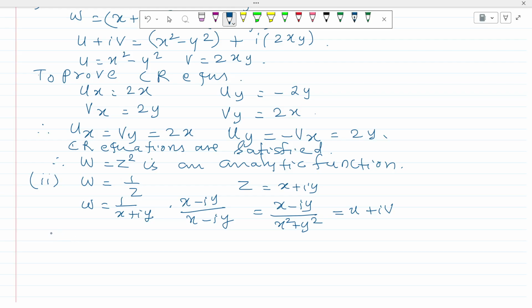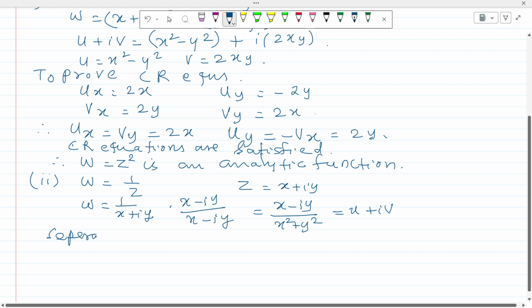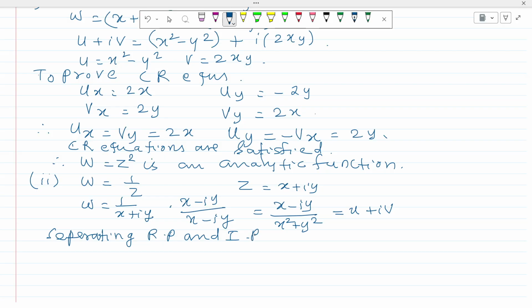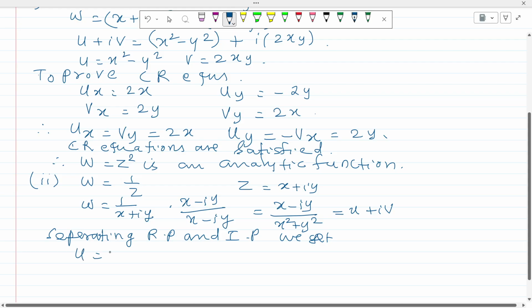So separating the real part and imaginary part, we get u equal to x by x square plus y square.